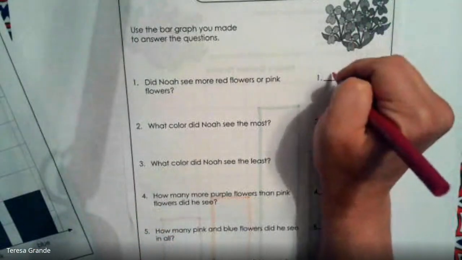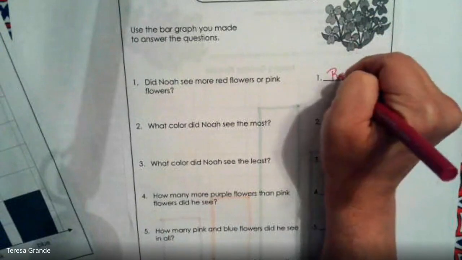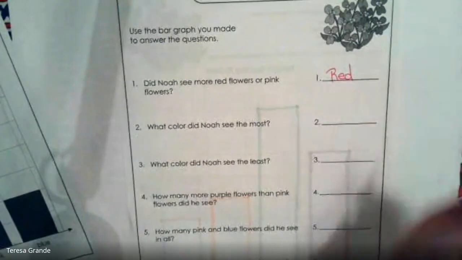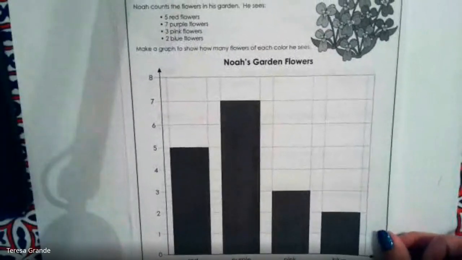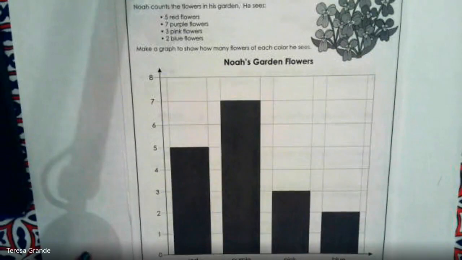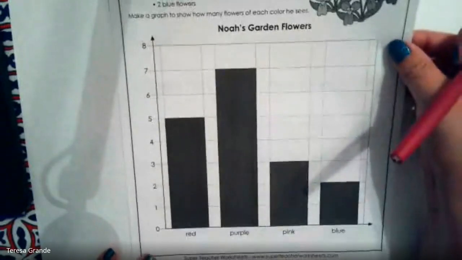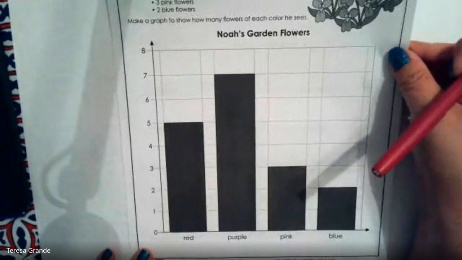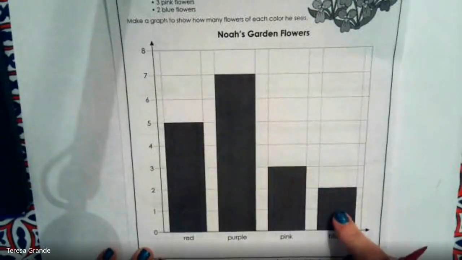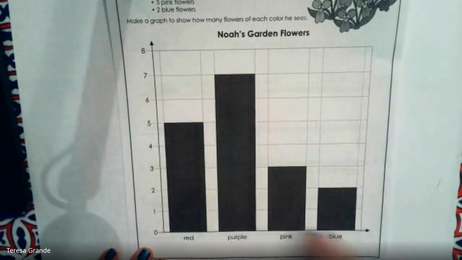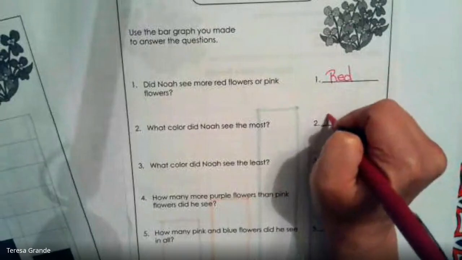So we would write red on this line. What color did he see the most? Which one is the tallest? Right, purple. He saw the most purple flowers.